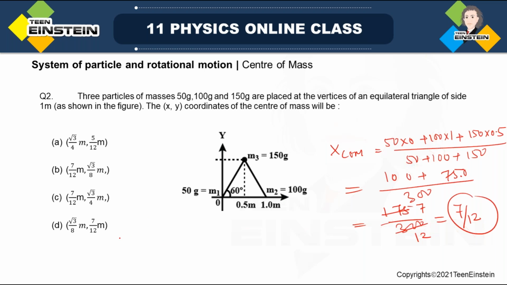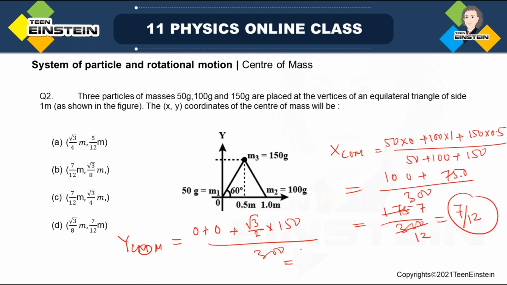Okay, and the y coordinate also similarly, y center of mass. So m1 has 0 coordinate, m2 also has 0 coordinate, and m3 has this much, this is the height, root 3 by 2 into a, which is 1 meter only, into 150 divided by 300.